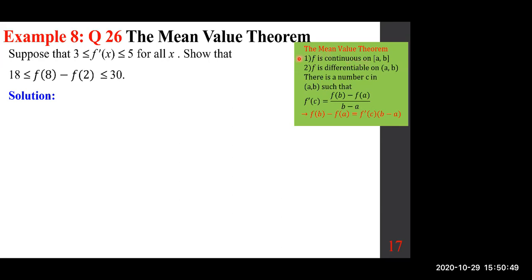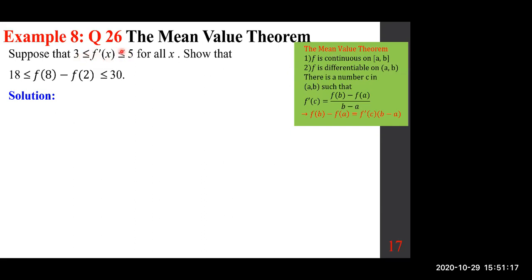Number one, f is continuous. Number two, f is differentiable on a to b. First of all, what is a to b? We are looking at f of 8 minus f of 2 here. So it must be from 2 to 8. So that's a and b. Then, is it true that they are continuous and differentiable? Yes. How do we know that? A very fair sentence says f prime is between 3 and 5.